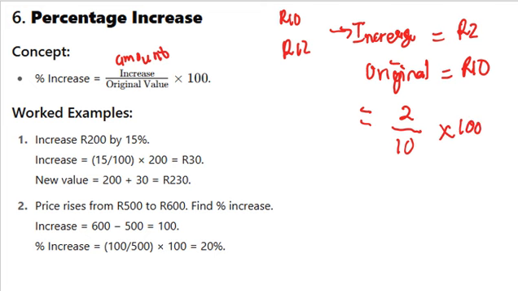If you work that out, it's going to give us 20. That means it's 20%. Remember, the answer that comes out here is already a percentage, so it's 20%. That's it. So this is a percentage increase, and that's how the understanding of a percentage increase works.